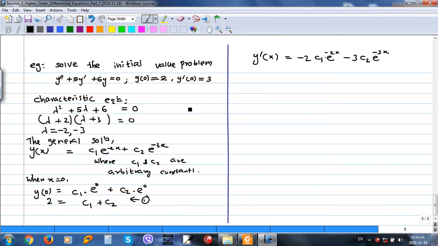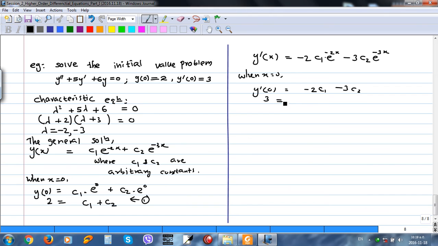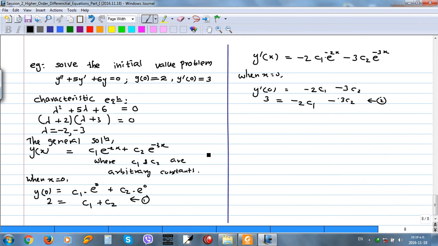Then when x equals 0, y dash 0 equals minus 2 c1 times 1, minus 3 c2 times 1, and that is given as 3 equals minus 2c1 minus 3c2. This is the second equation. Then we can solve these two equations and find c1 and c2.